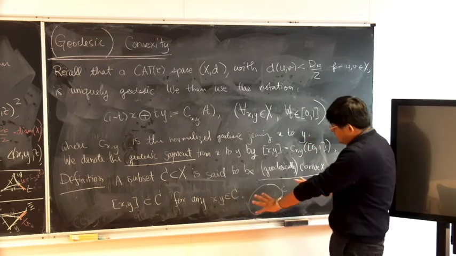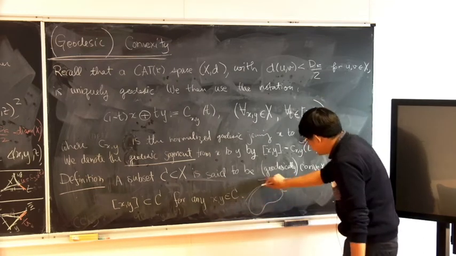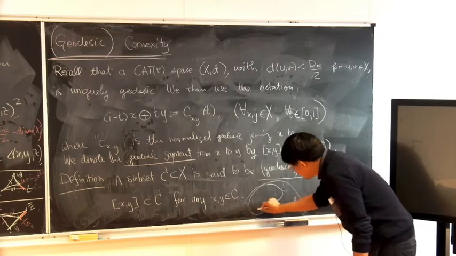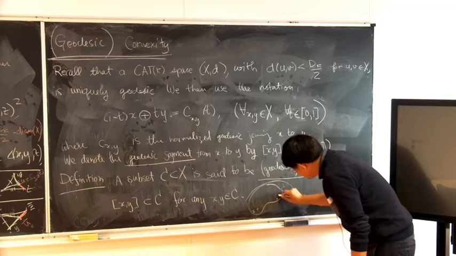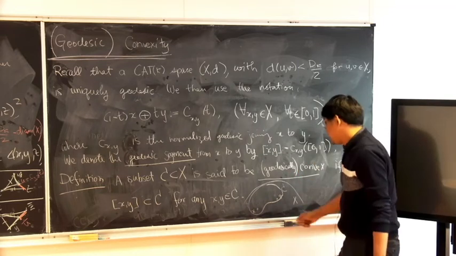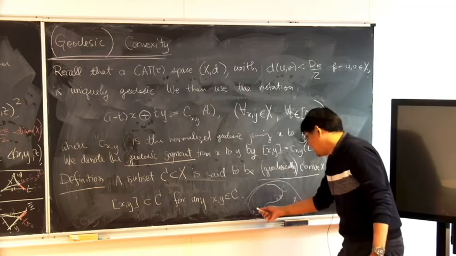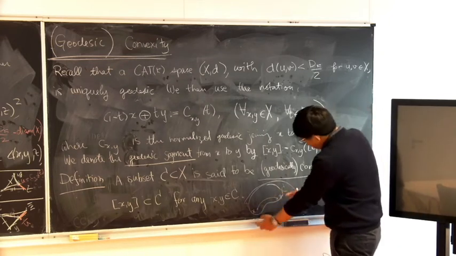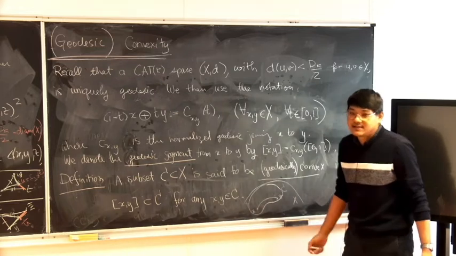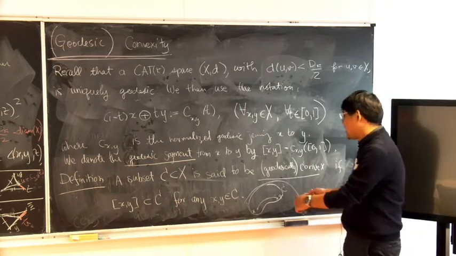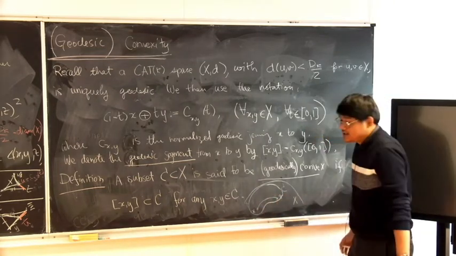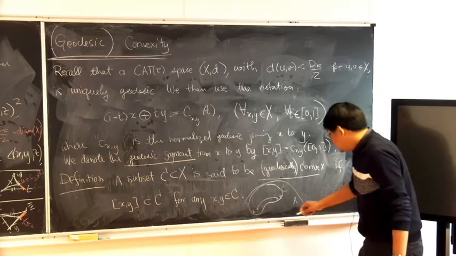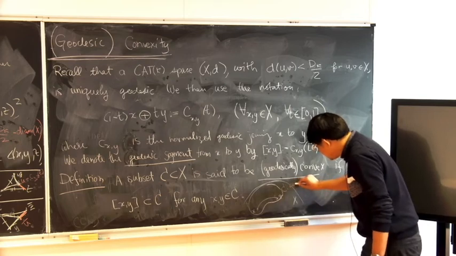Okay, we are staying on a surface. If you take 2 points, x and y, then the geodesic segment joining x and y is lying wholly inside the set C. When I say inside, it means they are elements of C. I did not mean it's the interior of C. Okay, so C here is convex.